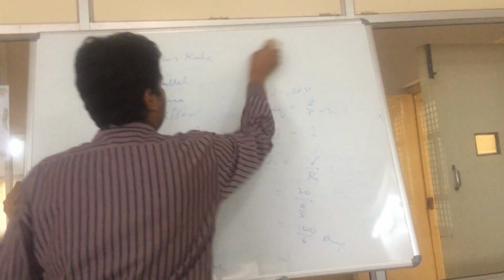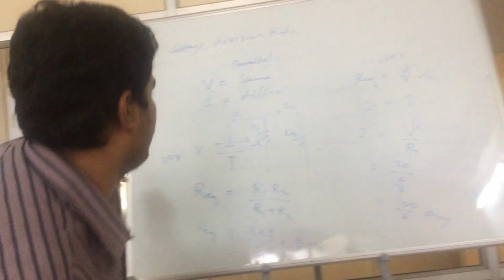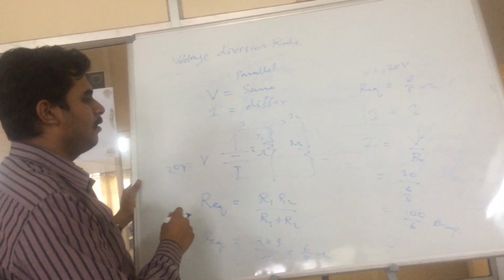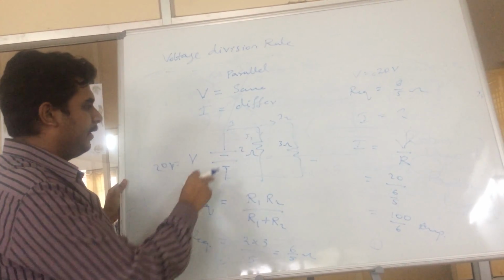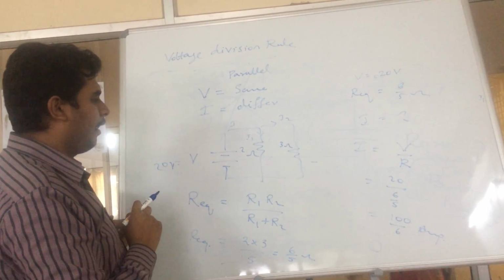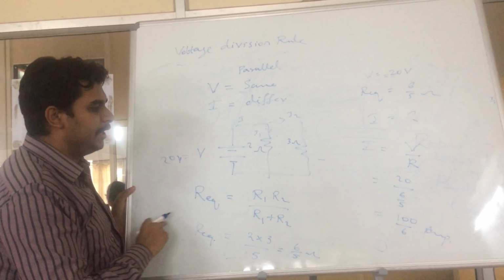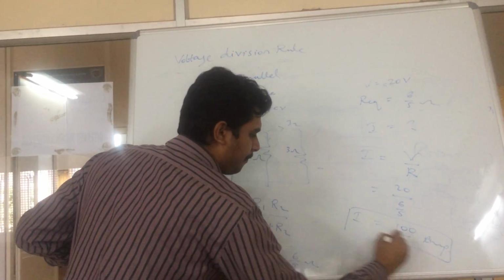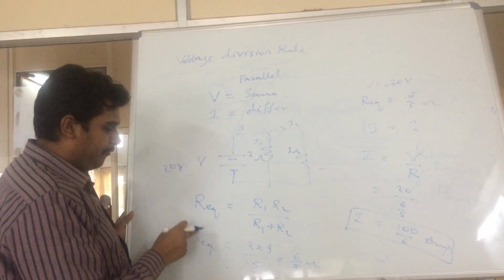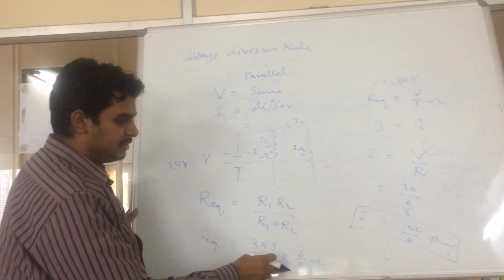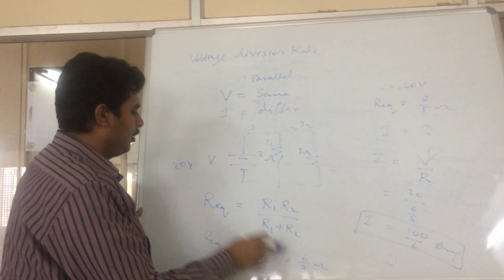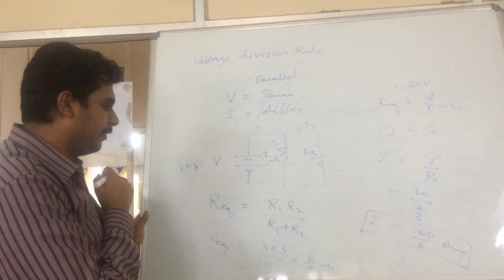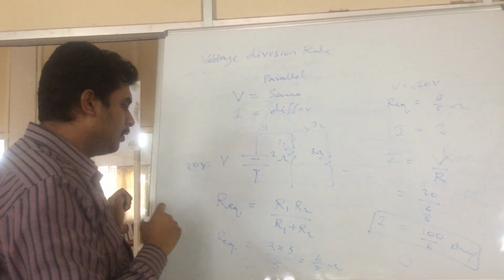So here, to calculate the current I1, what we need is the total current I, and we have the equivalent resistance as 6 by 5 and the total voltage of 20 volts.